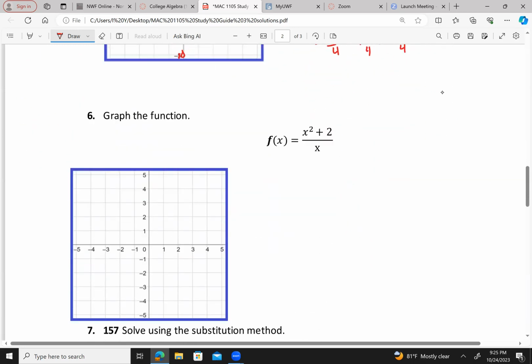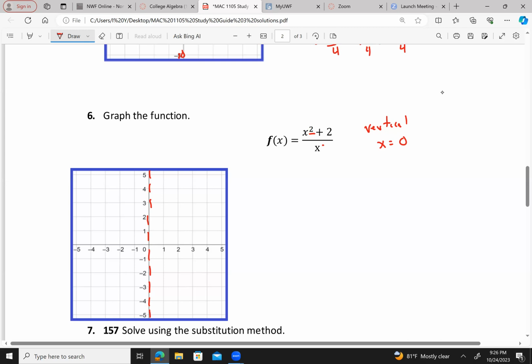Okay, now we have another function to graph here. First we need to consider what our asymptotes are. For vertical, we have x equals 0, which is right here. For a slant asymptote, this one's relatively easy because we don't have horizontal. 2 is greater than 1, so no horizontal.